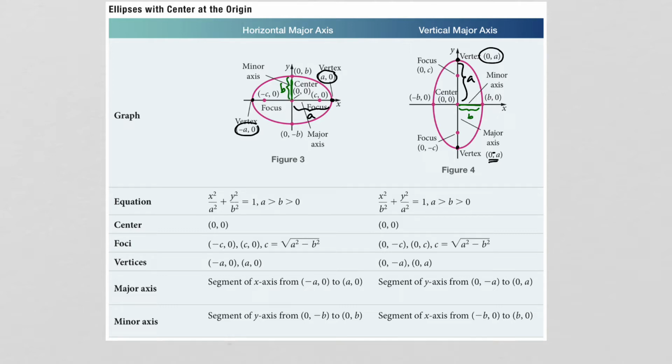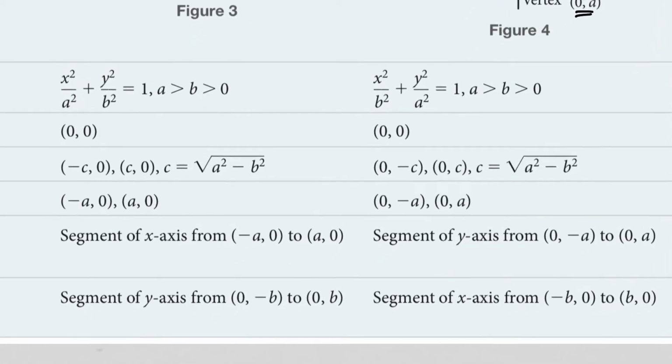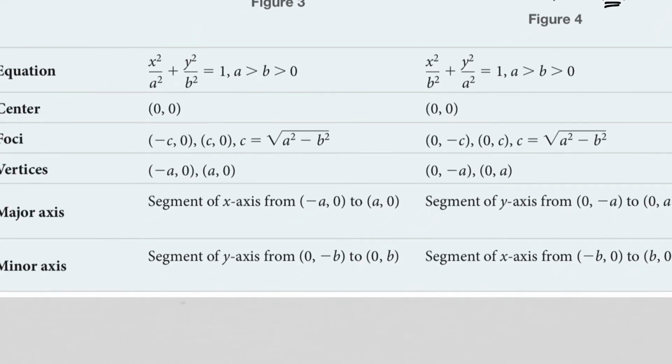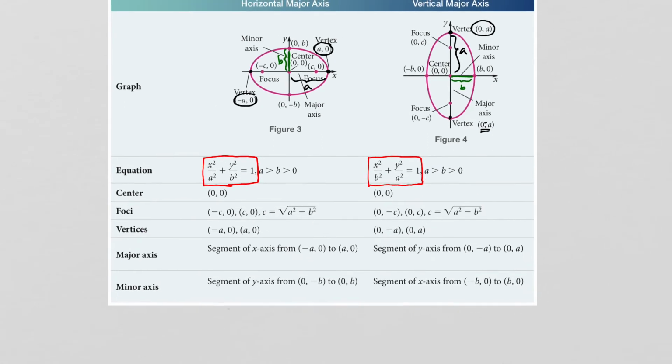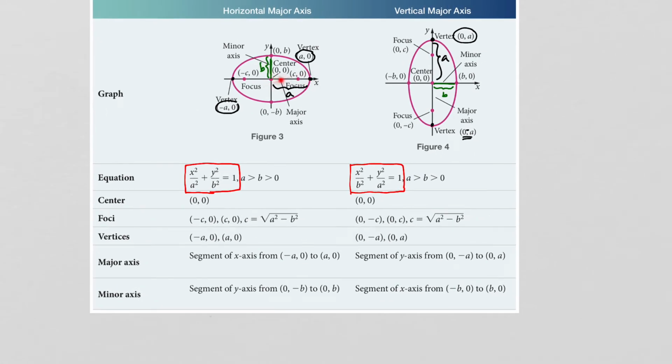Given those parameters, the equation of the ellipse is either x squared over a squared plus y squared over b squared is equal to 1, or x squared over b squared plus y squared over a squared is equal to 1. You'll notice that these two equations are very similar, but the key thing to remember is a is always bigger than b, because a refers to half the length of the major axis, and b refers to half the length of the minor axis.